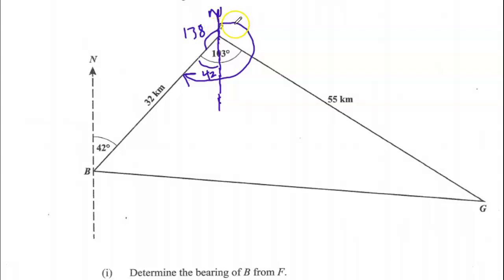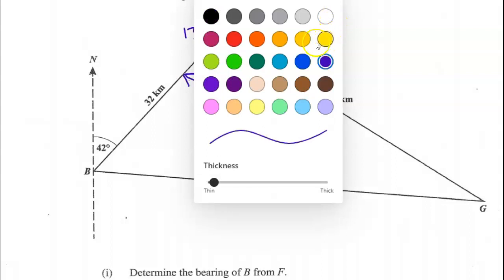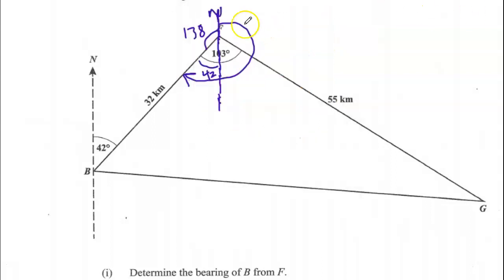And then this angle, let me use a different color, yellow. You can get this angle now. Remember, a complete turn is 360 degrees, right?